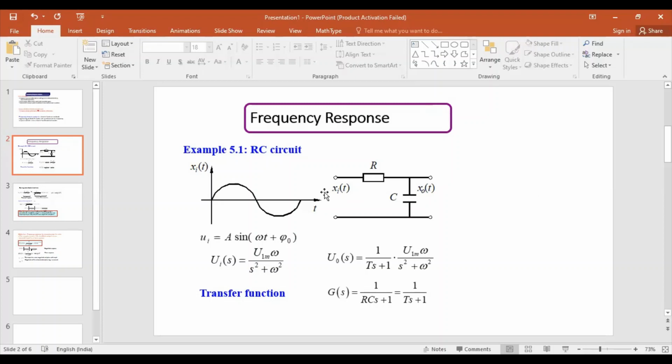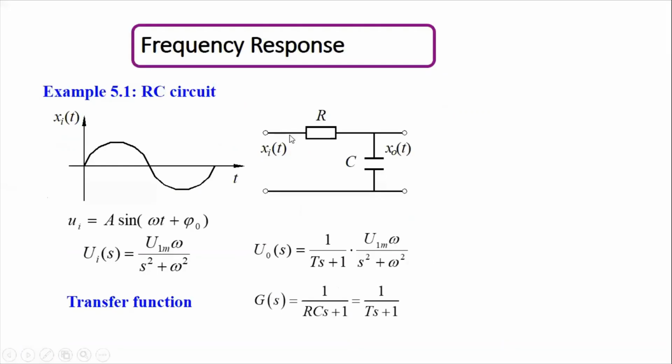So if you take the ratio of Laplace of X naught of s by Xi of s, you will get the transfer function. Before that, please carry a pen and paper. What is the expression for the output across the capacitor? Please write it. We can assume a current I flowing here.